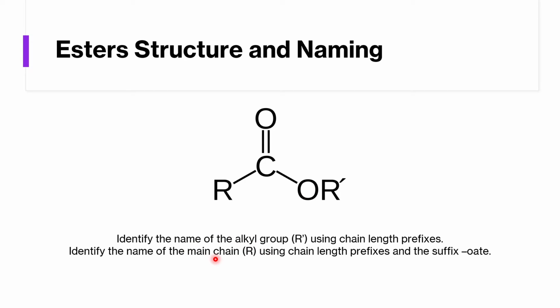The main chain is always R, and R is always attached to the carbon, which is a part of our ester functional group. Now, when naming, what we do first is identify the alkyl group, use our chain length prefixes to figure out the name for the chain that's attached to the oxygen. Then for the main chain, we use our chain length prefixes and a suffix -oate.